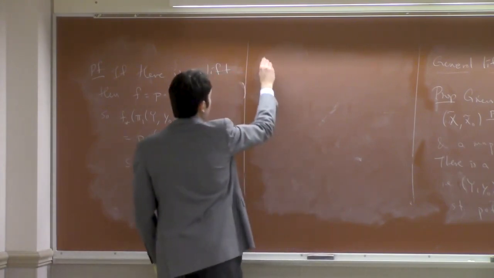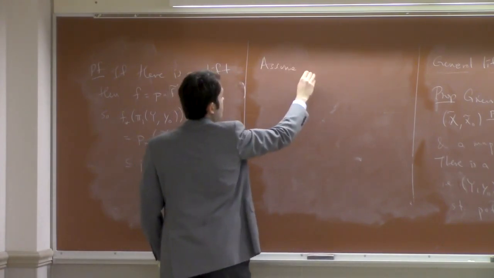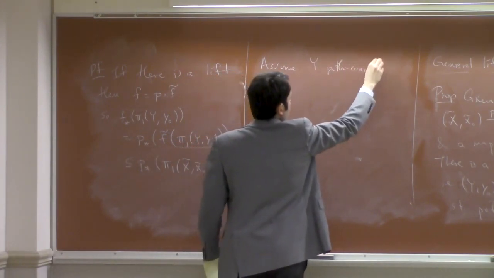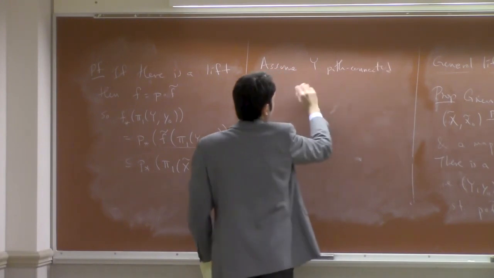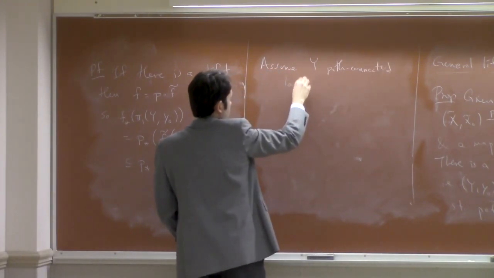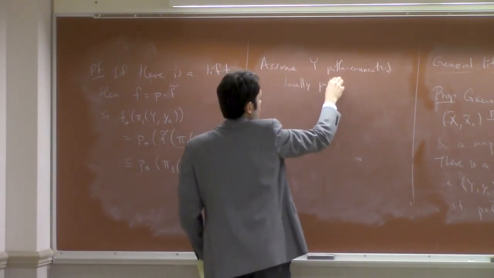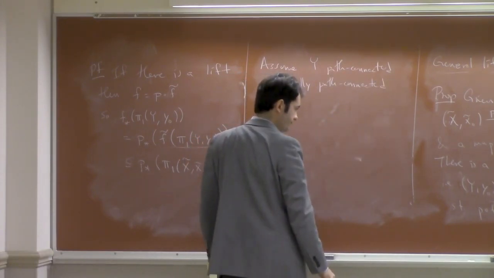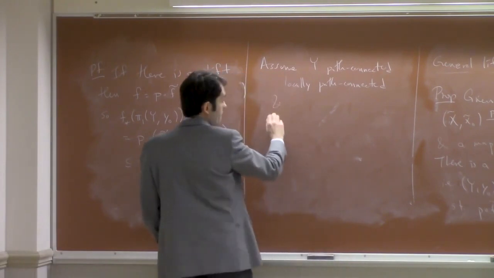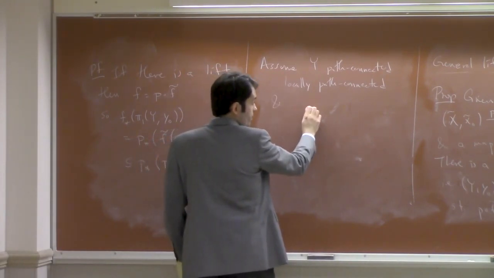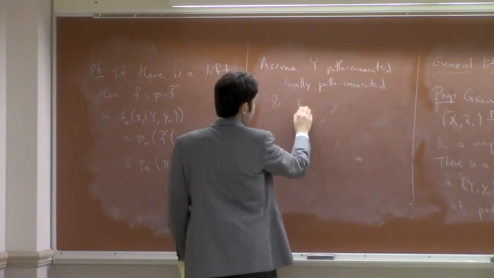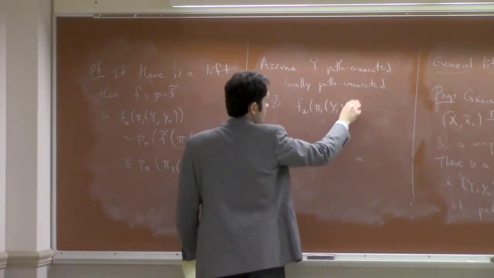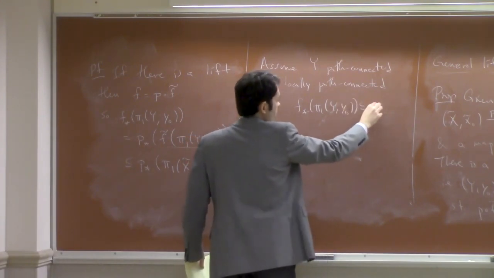Okay, so now assume that Y is path connected, locally path connected, and the image sits inside the image.